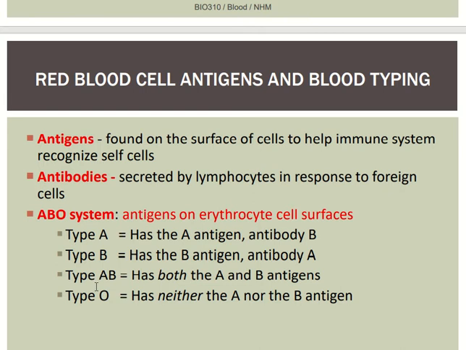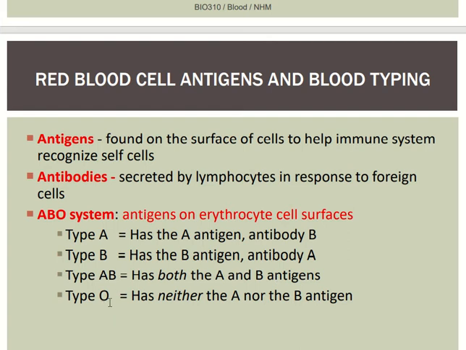Meanwhile, type AB blood has both A and B antigens. Due to the presence of both A and B antigens, blood type AB does not produce any antibody, because it recognizes both A and B antigens.